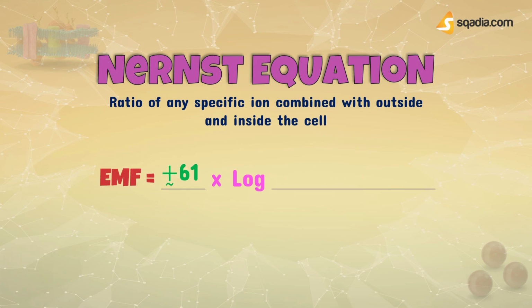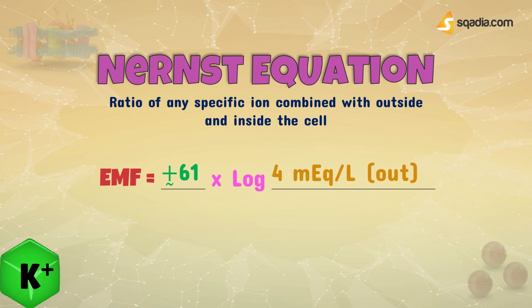Now, if we do the same for the potassium ions. Potassium ions outside the cell are 4 milliequivalents per liter. And potassium ions inside the cell are 140 milliequivalents per liter. Putting these values in the Nernst equation as well, Z will be +1 as potassium has a +1 charge on it.